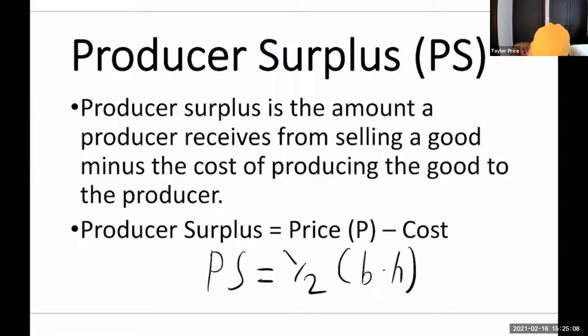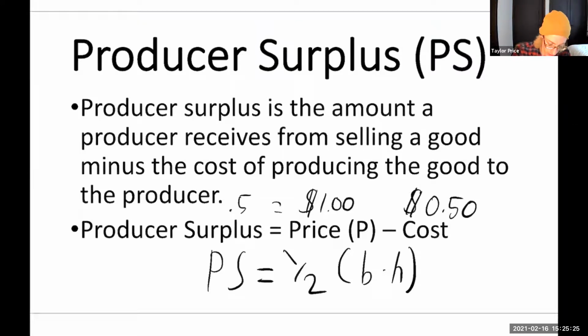Let me write that. So $1 is the amount of money that I, as McDonald's, am receiving for producing the hamburger, and the cost to me is 50 cents. So my producer surplus is going to be 50 cents. Does that make sense, the logic behind that process?